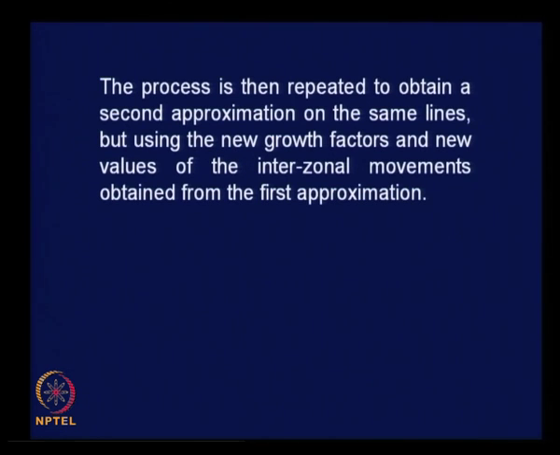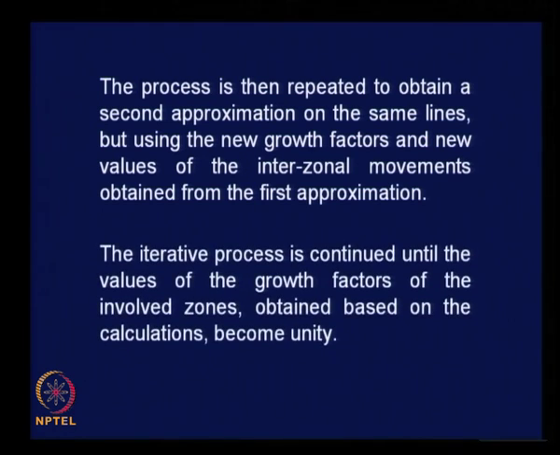The process is then repeated to obtain a second approximation on the same lines as we have seen earlier, but using the new growth factors and new values of interzonal movements, the new values of the cells obtained from the first approximation. The iterative process is continued until the values of the growth factors of the involved zones become unity.